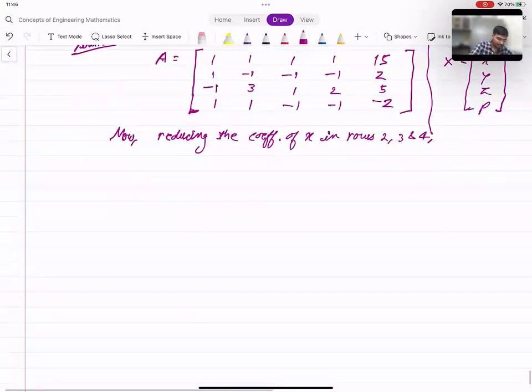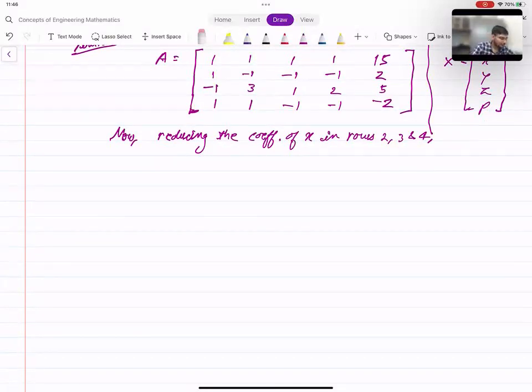Also, since we are reducing the coefficients of rows 2, 3, and 4, we cannot use them for reduction of any other row at the same time. Suppose we are reducing the x coefficient of row 2, then we cannot use row 2 for reduction of the coefficient in row 3 or 4. So we can only perform the operations using row 1, because row 1 we have kept unchanged. So we will reduce the coefficient using row 1 only.